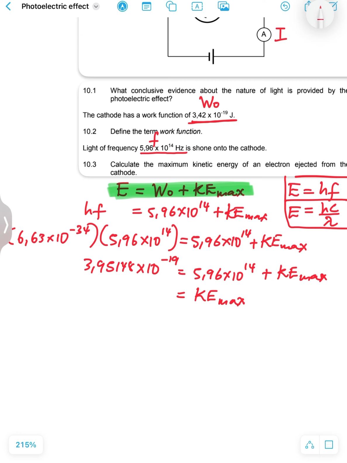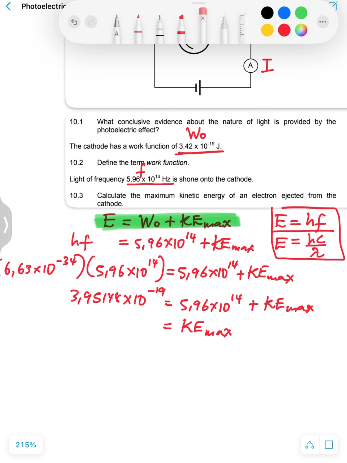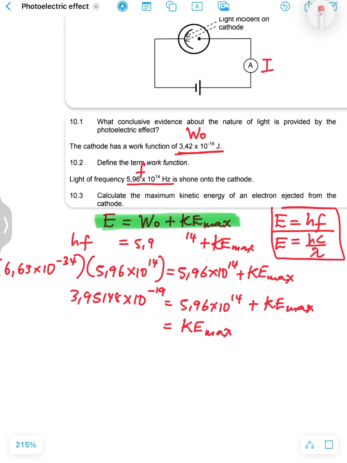Sorry, I made a mistake with the work function. I took the wrong one. So here it should be 3.42 times 10 to the power of negative 19. I'm the one who took the wrong value, so I'm just going to fix it there.